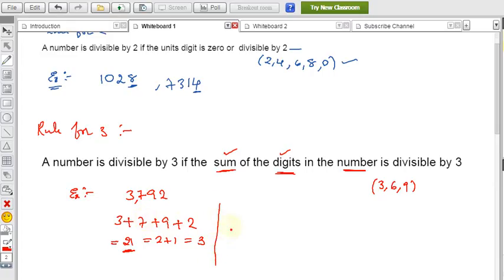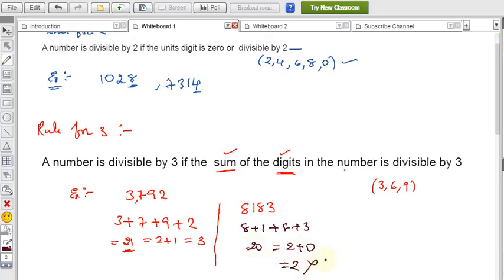We need to add just all the digits. Take 8183. We have to check whether it's divisible by 3 or not. So we add all the digits: 8 plus 1 plus 8 plus 3. 8 plus 1 is 9, 9 plus 8 is 17, and 17 plus 3 is 20. 20 is 2 plus 0, which is 2.